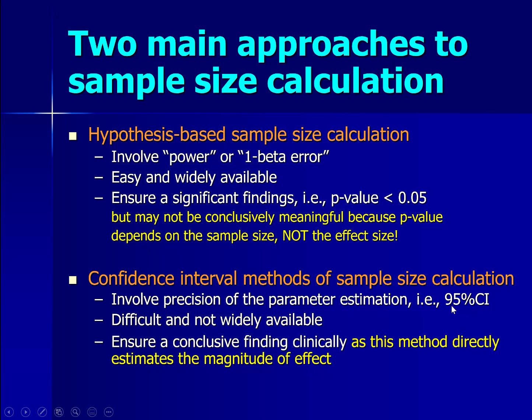So it leads to the conclusions directly. But it is difficult. The formula is not widely available. This method ensures conclusive findings clinically, biologically, sociologically, because it directly estimates the magnitude of effect that will be used as the basis for the conclusion. So this one is most preferable.